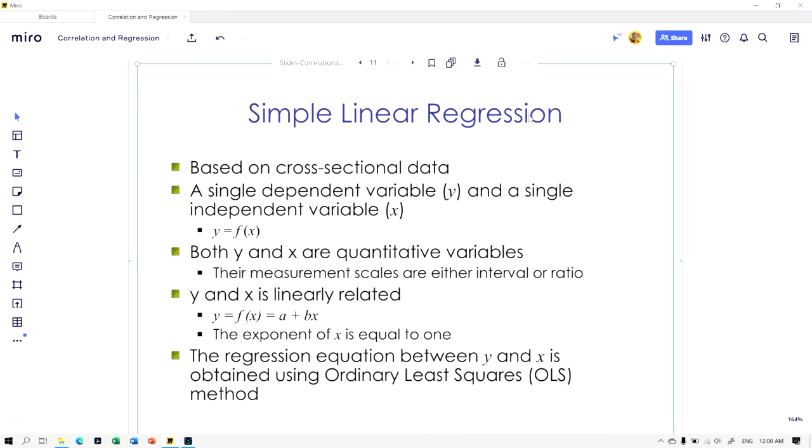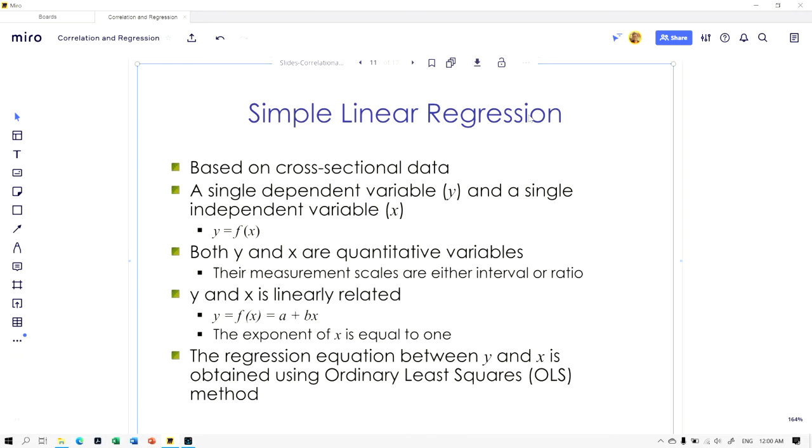That is the reason why x is called the independent variable, because the value of x does not depend on the value of y, but y is called the dependent variable because the value of y depends on the value of x.